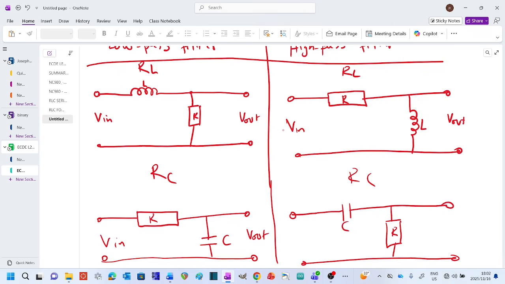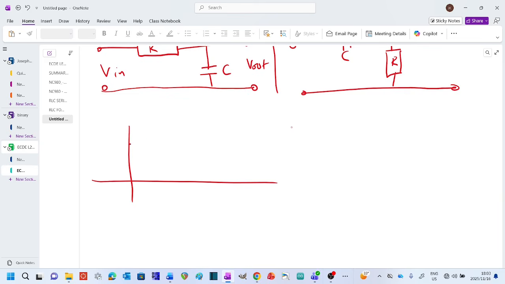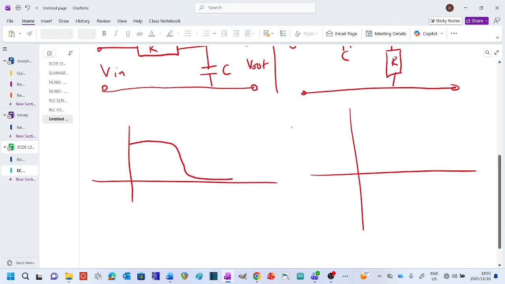On the response curve, the low pass accepts low frequencies and blocks out high frequencies, and a high pass blocks out low frequencies and accepts only high frequencies. So that's how it is.